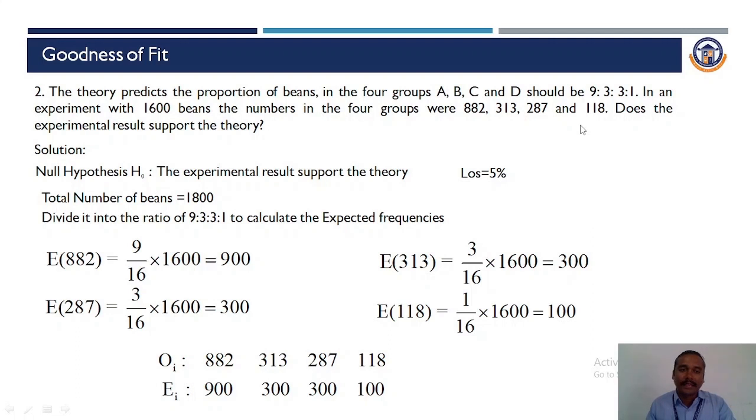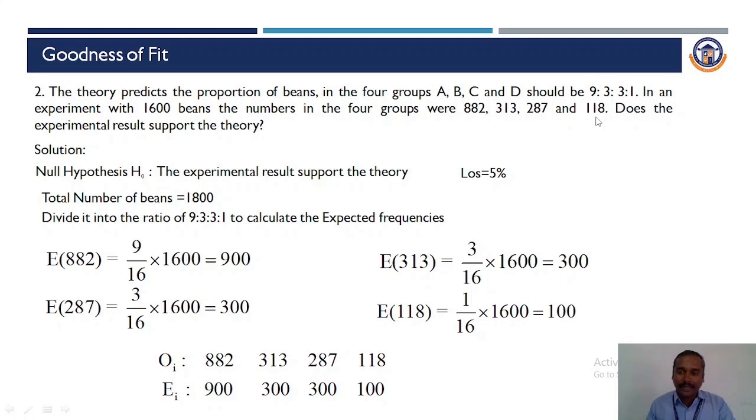Do the experimental results support the theory? So this problem is based on 1600 beans. These beans are categorized into 4 types A, B, C, D.